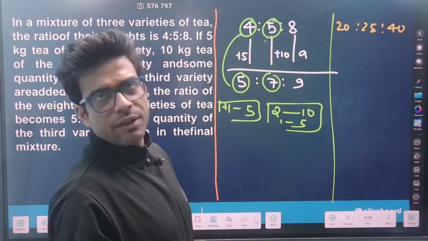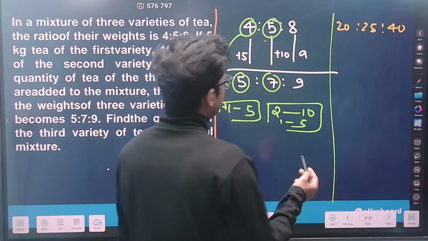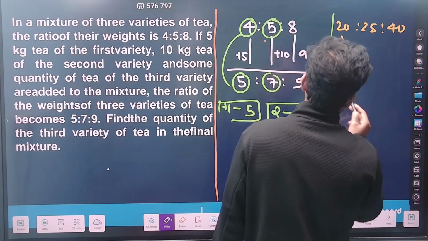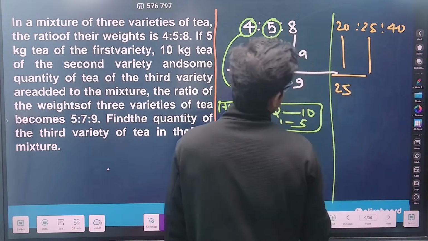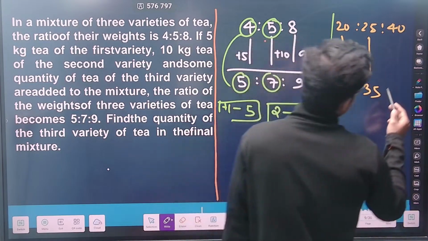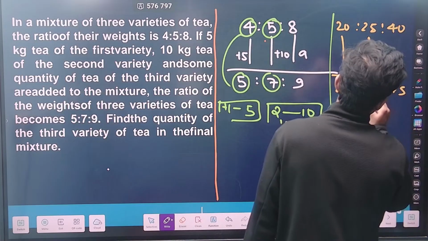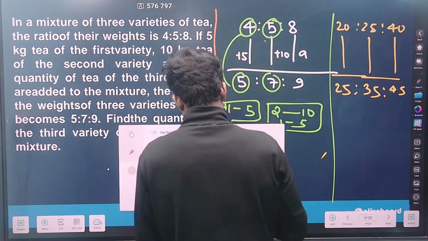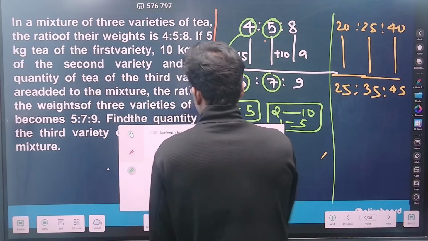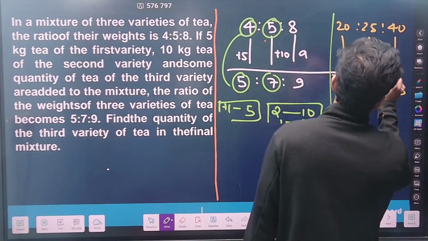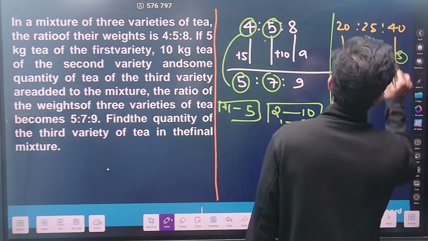After adding, this would become 25, 5 5s are 25. This would become 7 5s are 35, and this would become 9 5s are 45. So you can see the ratio is logically matching. If you see, you are adding here 5, here 10, and again here 5.